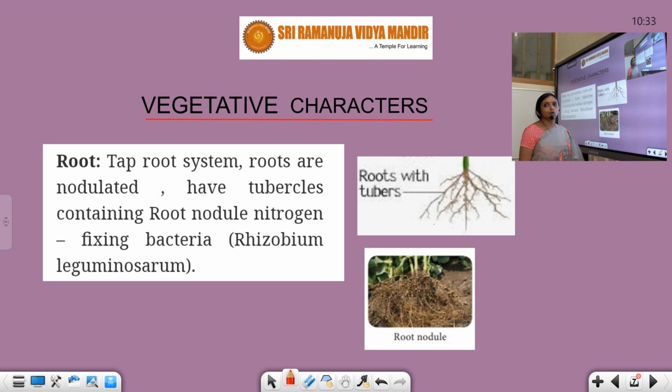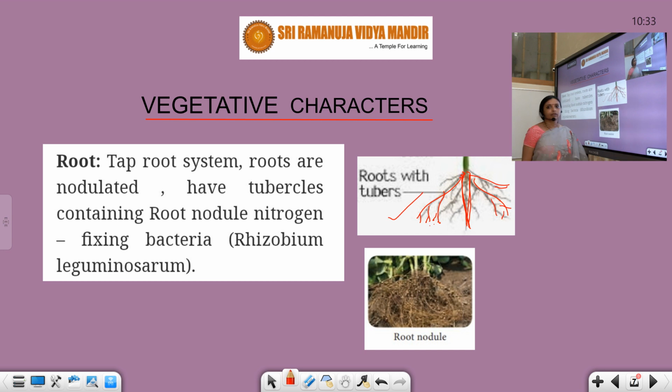And what is a taproot system? The radicle directly grows and forms the primary root, and from the primary root secondary roots are formed, then tertiary roots, and then root hairs. If we see that type of structure in the root, that is called taproot.